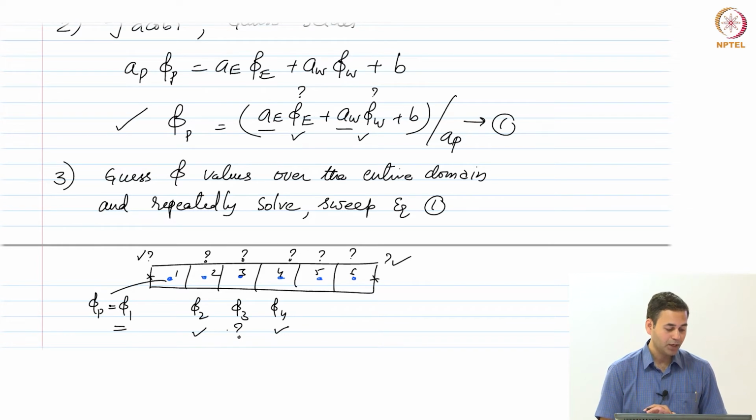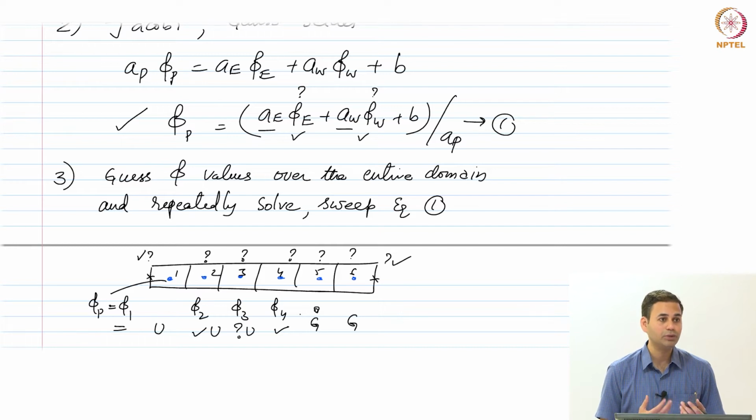Now, in Gauss-Seidel, the unknowns on the right hand side, in the direction in which we are sweeping, are all guessed values. Let us call these G, and all the unknowns that we have already traversed are updated values. If you are solving for phi 4, you will have updated values for phi 3, phi 2 and phi 1, whereas phi 5 and phi 6 would be the guessed values.